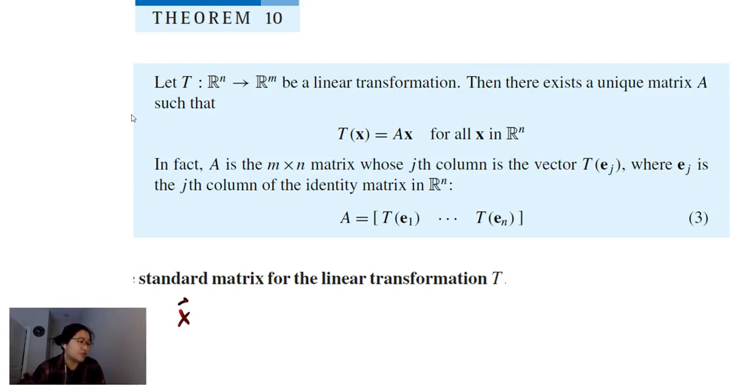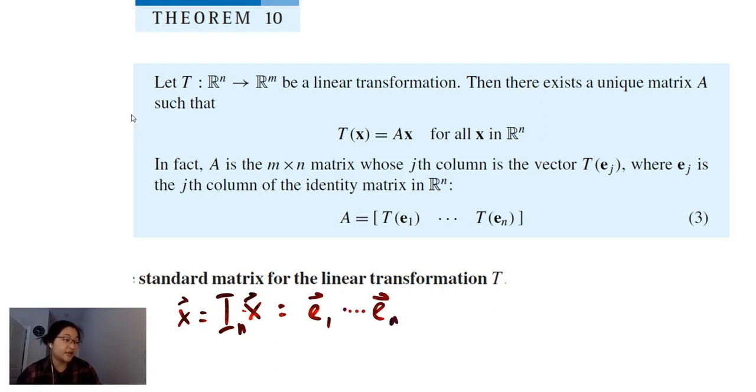Just a quick sketch of why that is. Well, remember, we can write our vector x as our identity matrix multiplied by x, so that's E1 to En as our column vectors, times our vector x, because multiplying by the identity doesn't do anything.